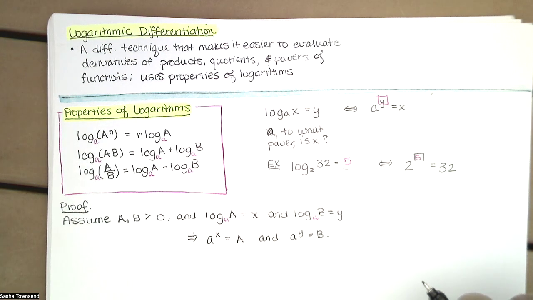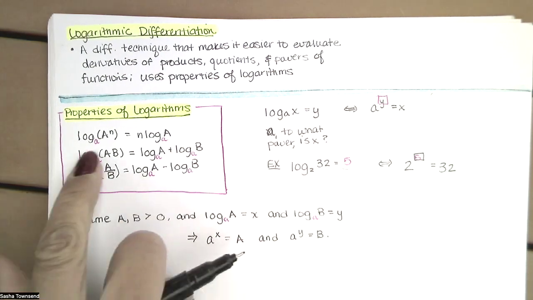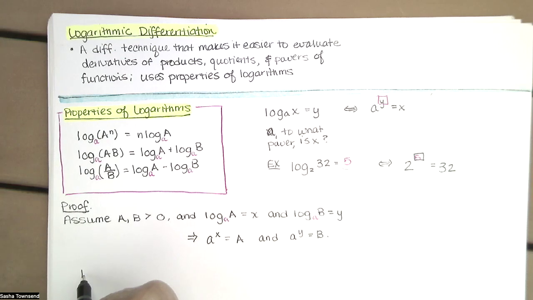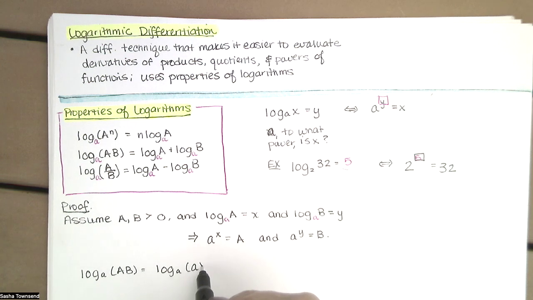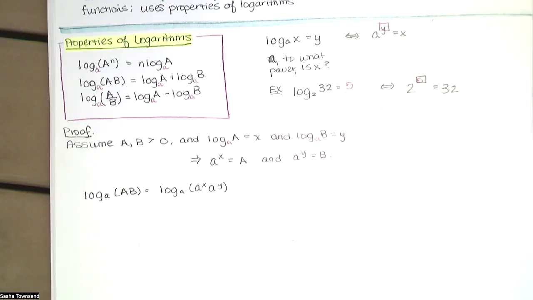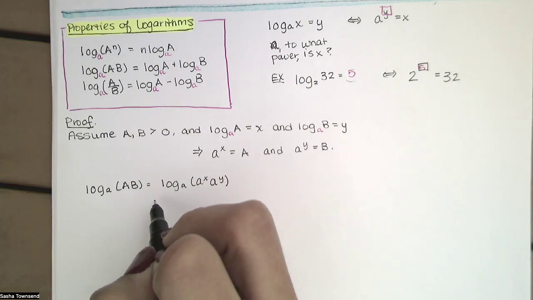So with that in mind, we'll start with this second property. Let's say somebody asks us to evaluate log base a of A times B. Well, since A is a to the X and B is a to the Y, this is log base a of a to the X times a to the Y. Because of our exponent properties, we can add those exponents.